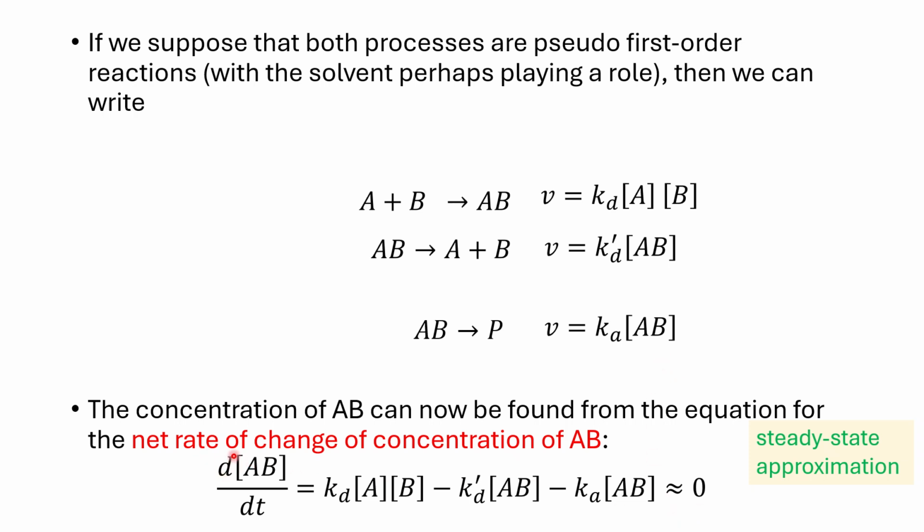Therefore, we have the rate of change of the AB concentration for the encounter pair with respect to time equal to 0, and we get these equations. And when we rearrange these equations, we will be able to find the concentration of AB.